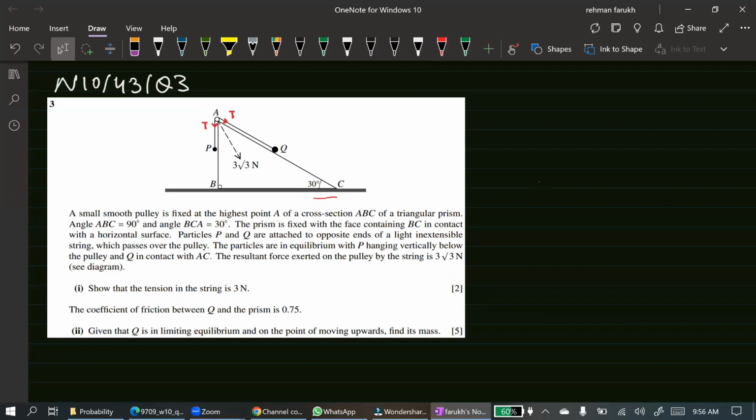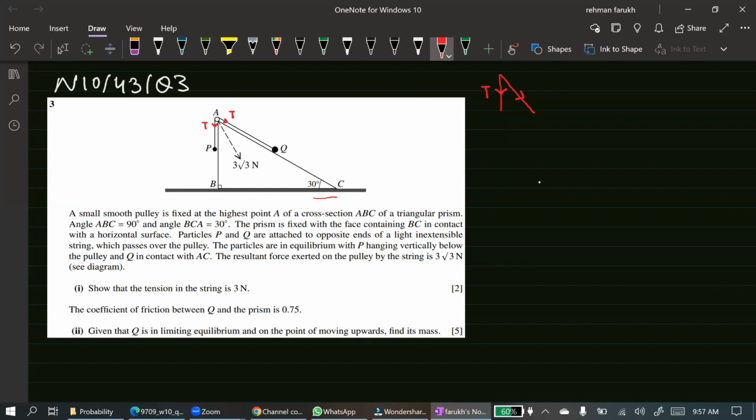Now we will find this tension T. Both the tensions T and T exert a combined force of 3 under root 3 newtons on this pulley. One force is in this direction, and the other force is in this direction.